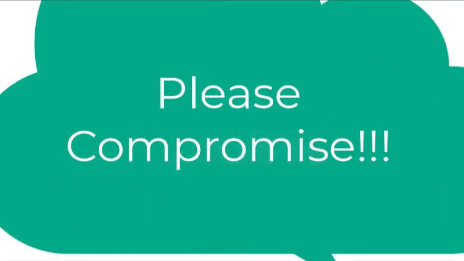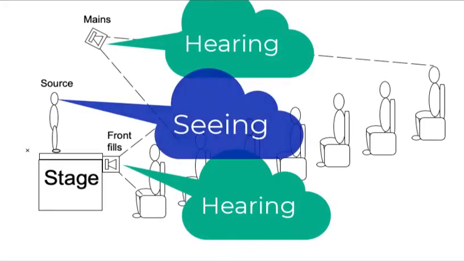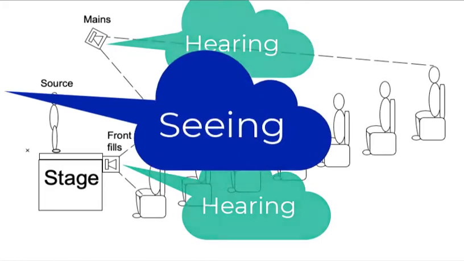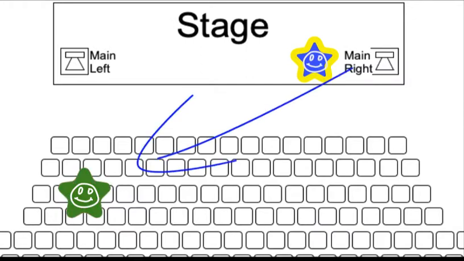It's important to think about time alignment in front fills in terms of imaging. When we talk about imaging, we talk about aligning what you're hearing to what you're seeing. The quick horizontal image to think about is if you're in the audience and someone is on the house right side of the stage, you want to hear it coming from the house right side of the stage.